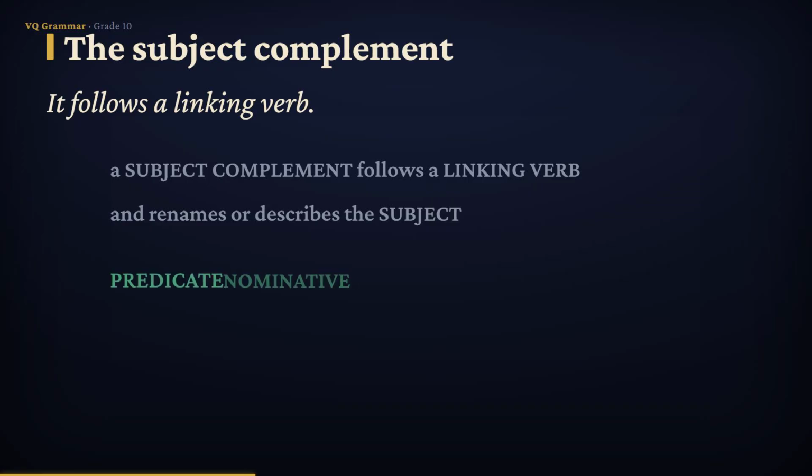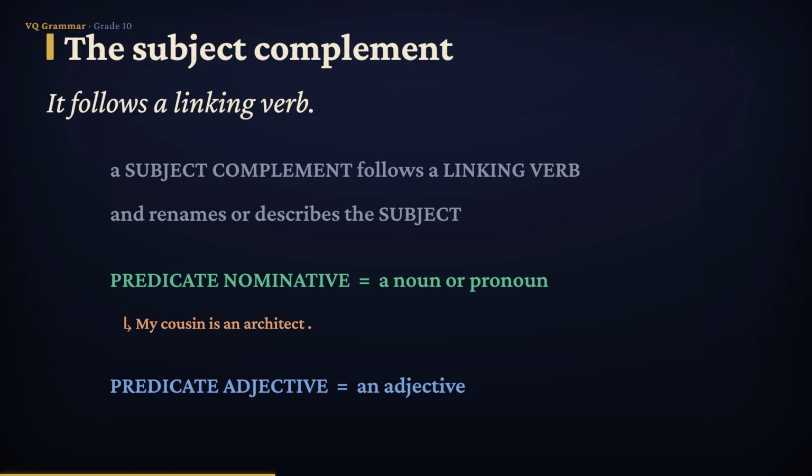The first is the predicate nominative, a noun or a pronoun that renames the subject. My cousin is an architect. Architect renames my cousin. Same person, second name. The second kind is the predicate adjective, an adjective that describes the subject. The lake looks calm. Calm doesn't rename the lake at all. It tells us what the lake is like.